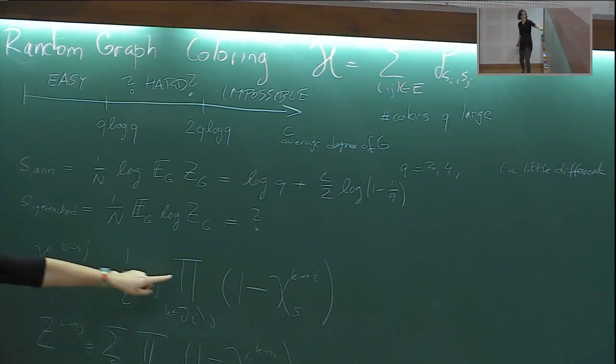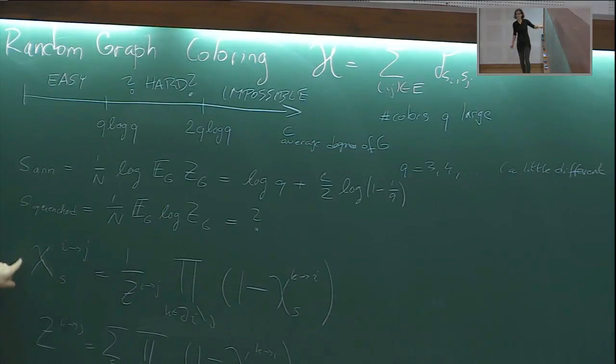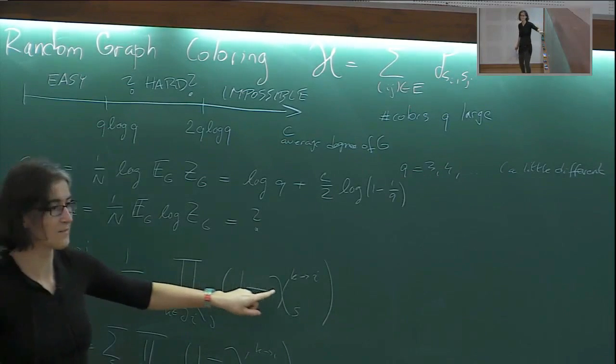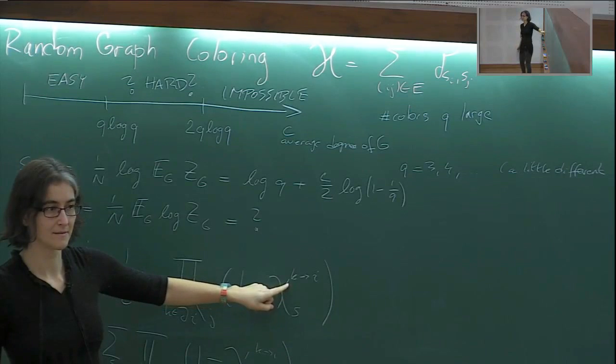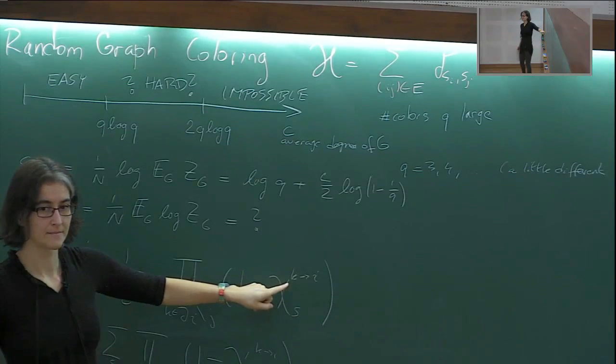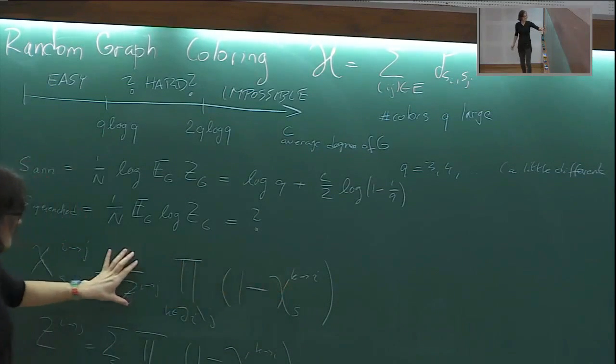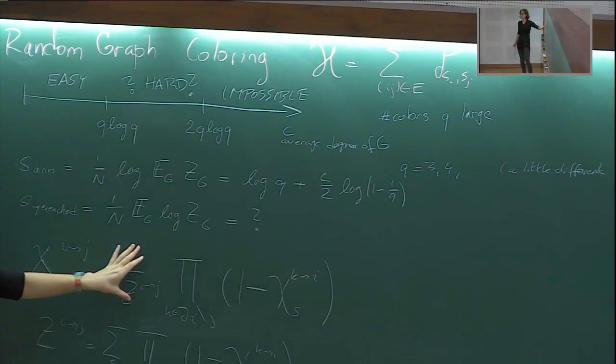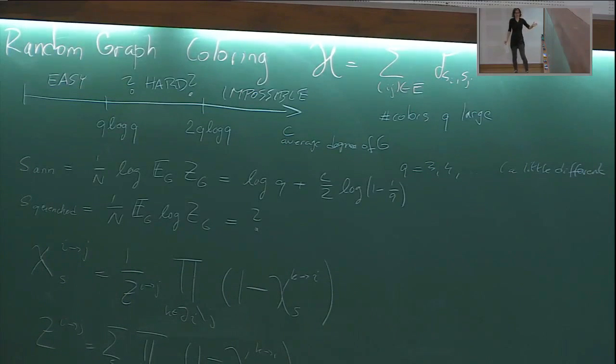And that's the product, and the probability that a neighbor is not colored by S, since this is the probability, is simply 1 minus that. Okay, and then this term is there just to normalize it properly, such that it is indeed a probability. So this equation actually comes quite naturally.